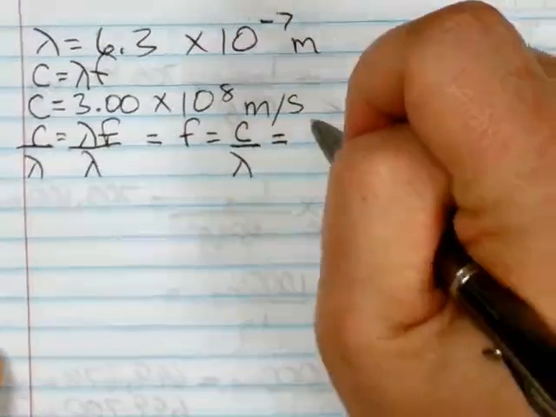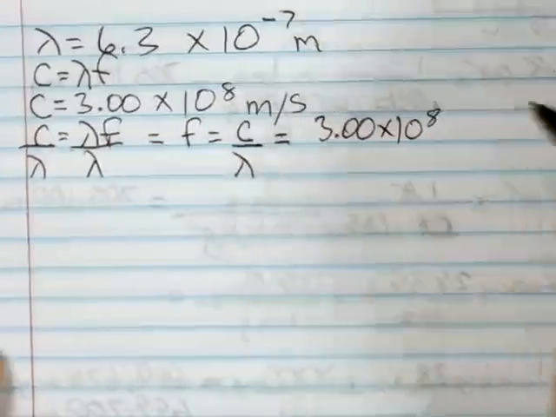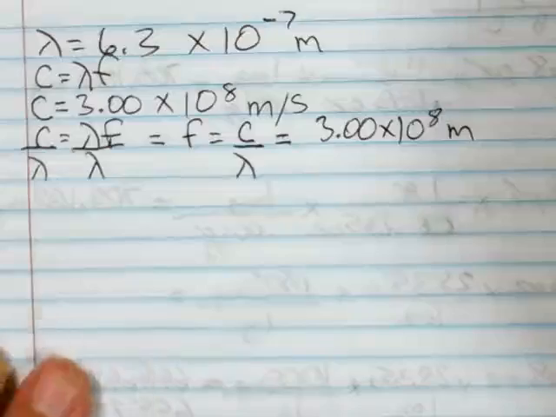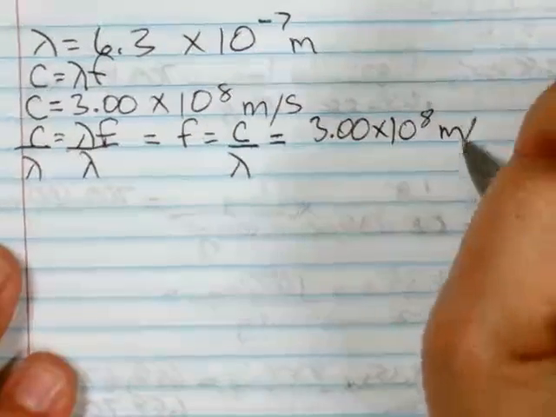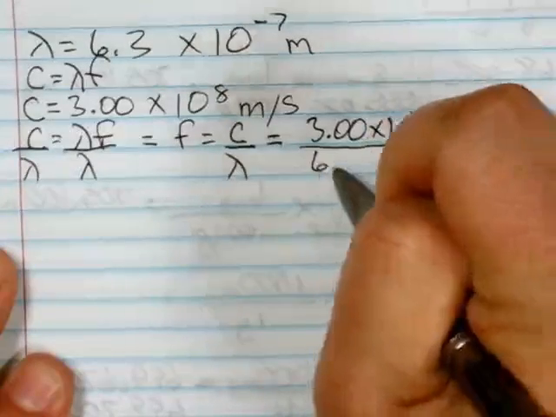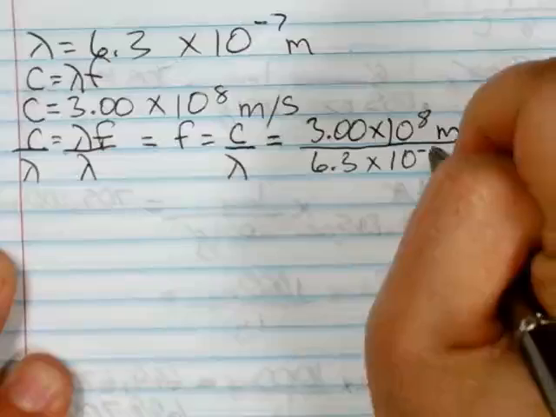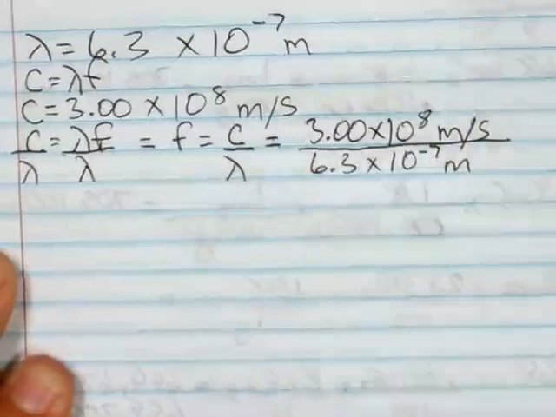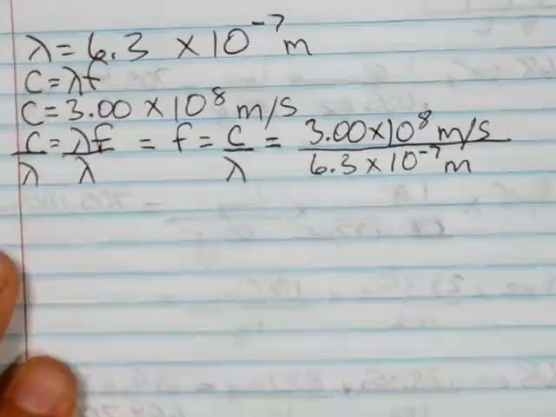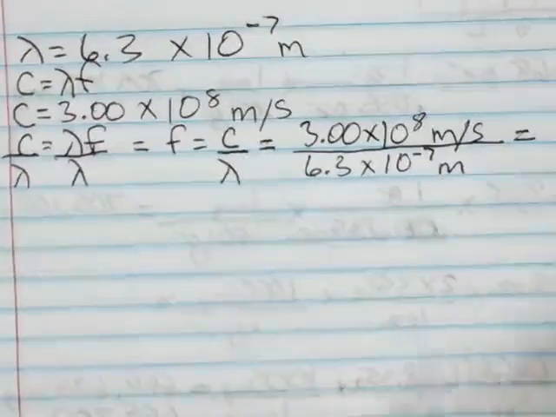We know the speed of light is 3 times 10 to the 8 meters per second, and our wavelength is 6.3 times 10 to the negative 7 meters. Then we just need to punch that in the calculator.